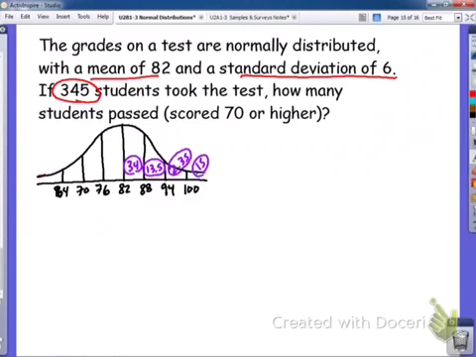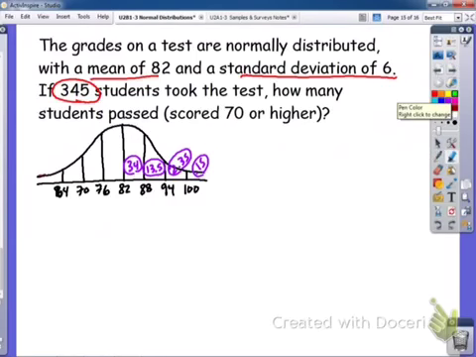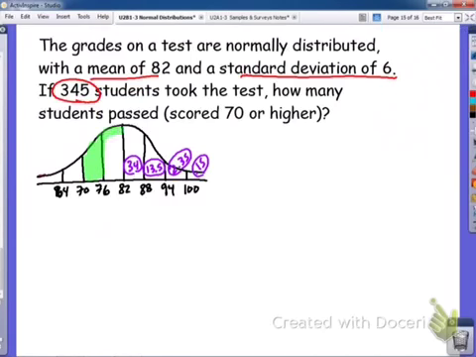This question says the grades on the test are normally distributed with a mean of 82, a standard deviation of 6. 345 students took the test. How many students passed? That is scored a 70 or higher. So I'm just going to highlight where's the 70 or higher. It's right here. So I want to know all the percentages that fall right here in this section.